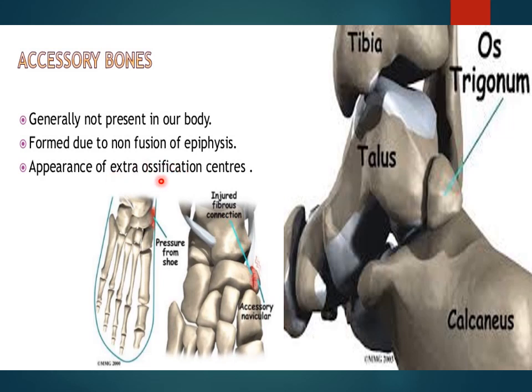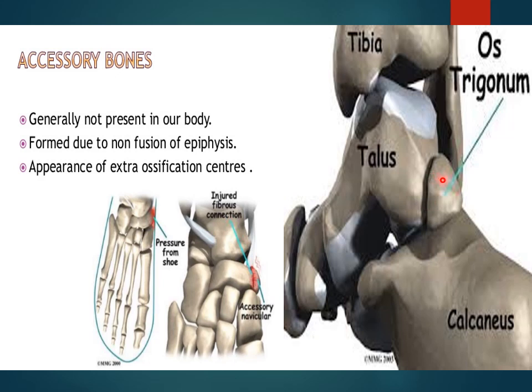That supernumerary bone is formed due to an extra ossification center, and the bone which is formed remains unfused with the rest of its bony tissue, so this is labeled as the supernumerary bone. As you can see here, in the foot there are the 7 tarsal bones. This is the talus.